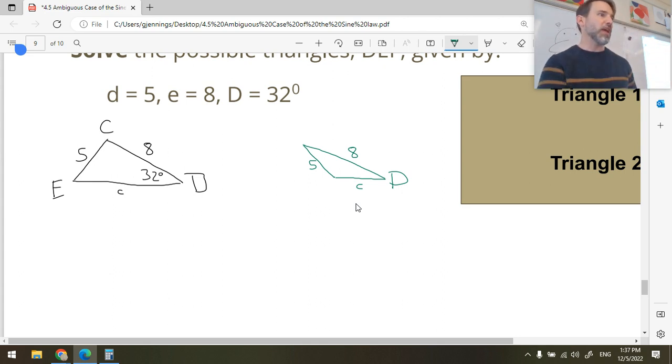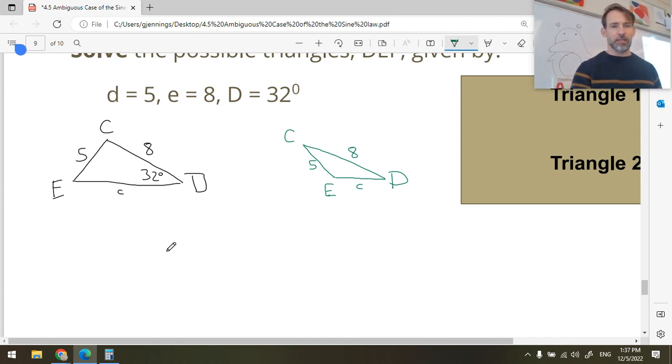Well, we will never have those angles bigger than 180 in a triangle, because the sum of the angles is 180. So how could you have an angle bigger than 180 in the triangle? You would have a different triangle on the other side, and you would label those angles positively. Okay, so here, this is angle C up here, and this is angle E down here. Okay, so those are our two triangles.